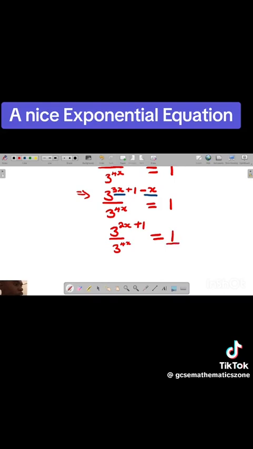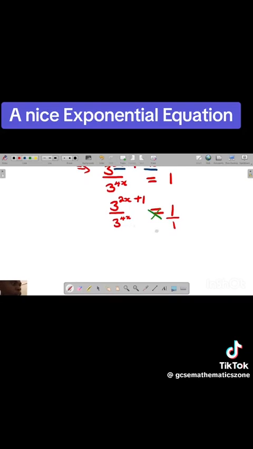We'll write this as a fraction also because this is a fraction. Then we shall cross multiply. Then we're going to have 1 times this, we'll have 3 raised to the power 2x plus 1. Then this times 1, we're going to have 3 to the power 4x.